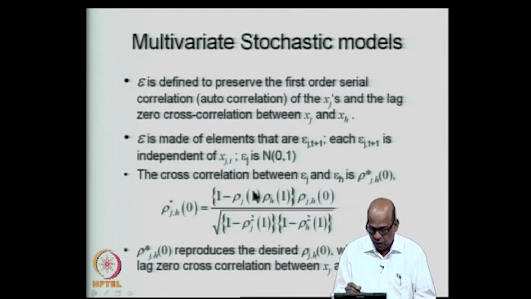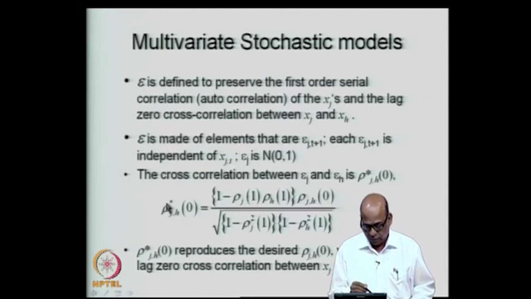This is rho j at lag 1, the autocorrelation at site j at lag 1, autocorrelation at site h at lag 1, the cross correlation between site j and site h at lag 0, and similarly these are defined terms. We are defining another term here called rho j h star at 0, which depends on rho j h 0.